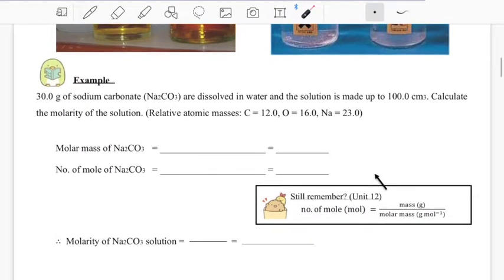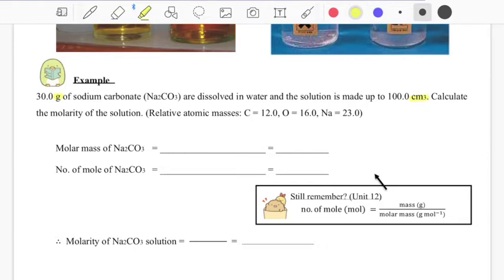The first one: we have 30 grams of sodium carbonate dissolved in water and the solution is made up to 100 cm cube. Calculate the molarity of the solution. The mass is given in gram, so from here we would be able to work out the number of mole.